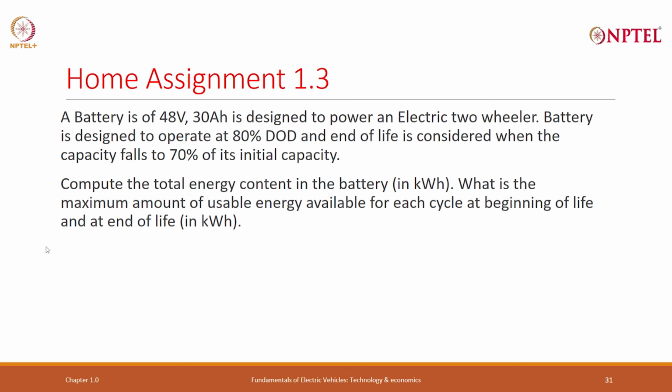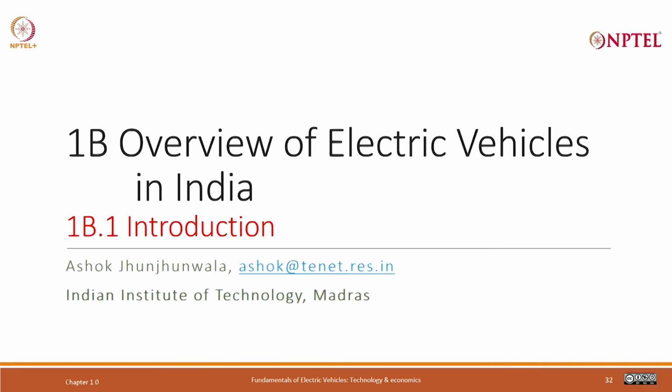What is the maximum amount of usable energy for each cycle at the beginning of life and at the end of life, when there is only 70% of initial capacity? Now, this is important. And with this, I have finished section 1A, which is the basic introduction of electric vehicles.